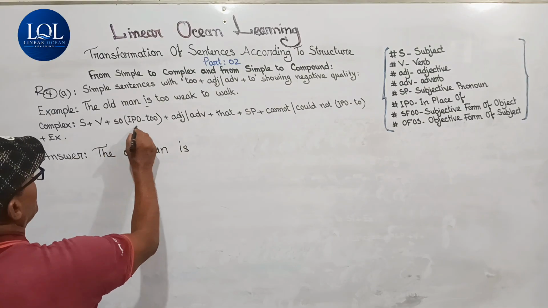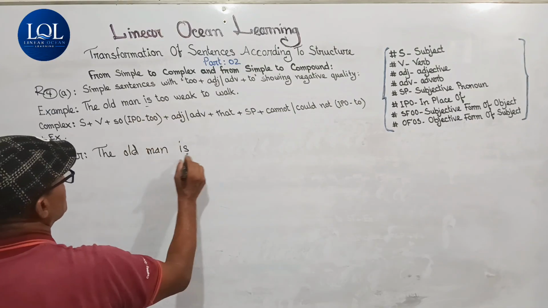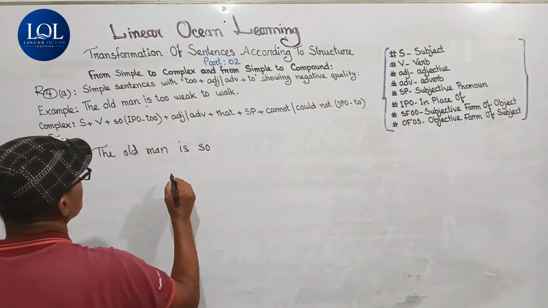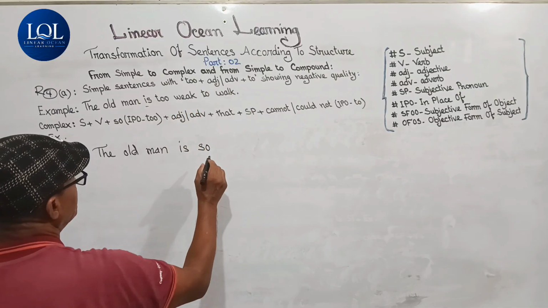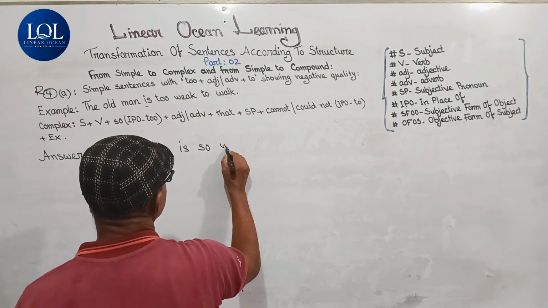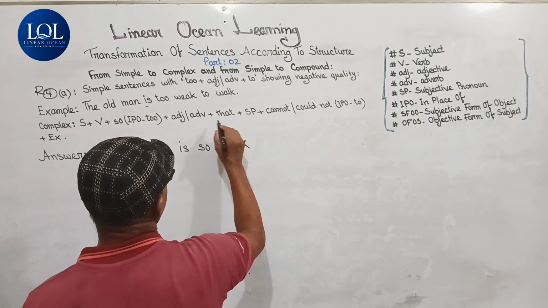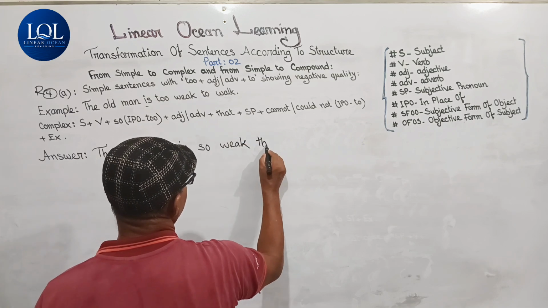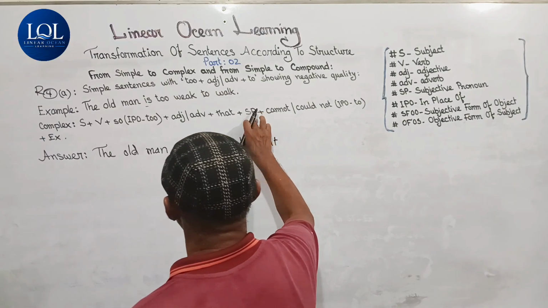Then IPO "to": in place of "to" we have to write "is" plus adjective or adverb. Here weak is the adjective, so "so weak", plus "that", plus SP.